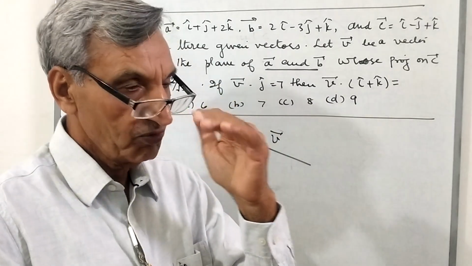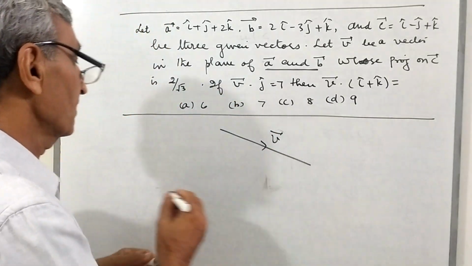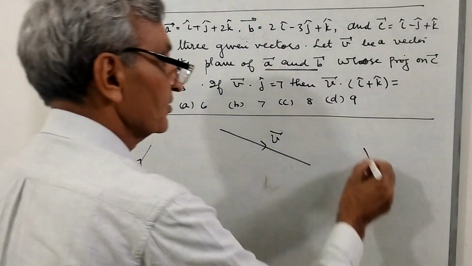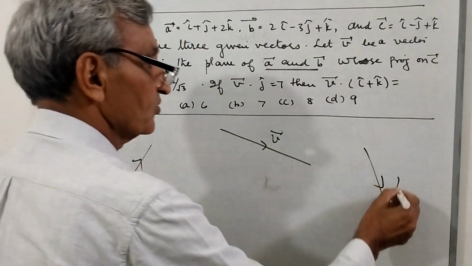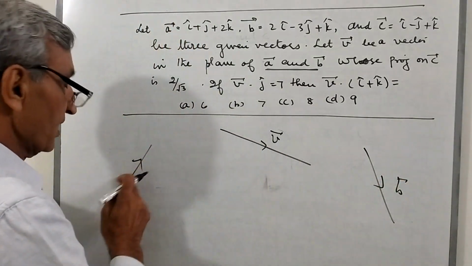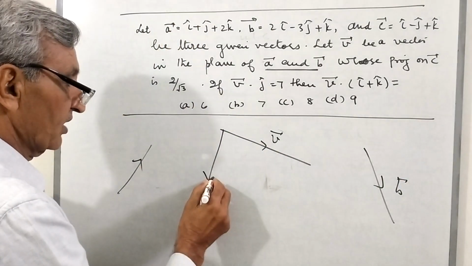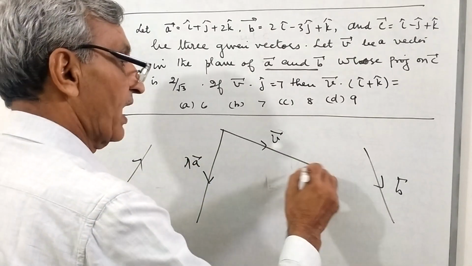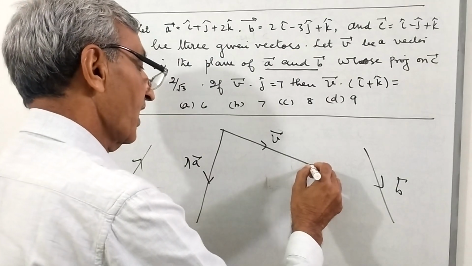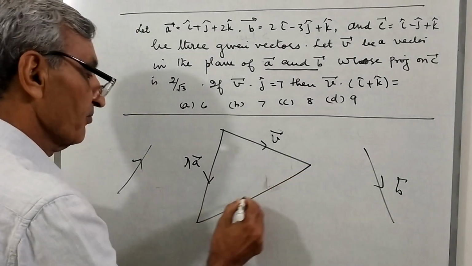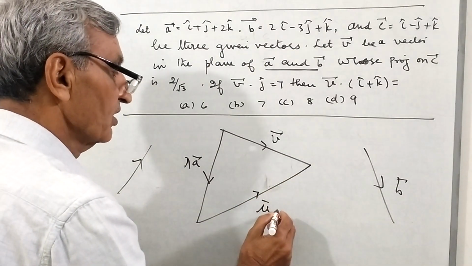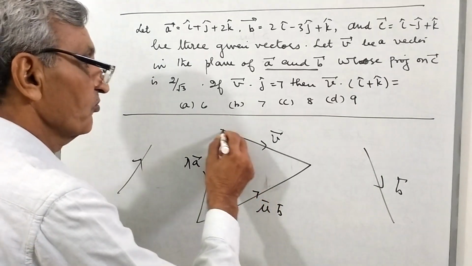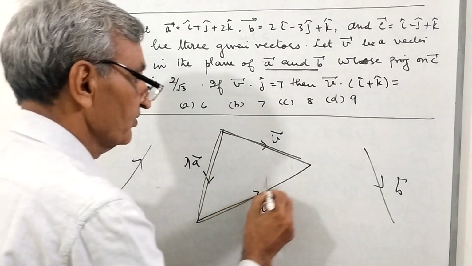So when V is a vector in the plane containing the vectors A and B, what can I do? I can draw a line parallel to A, it may be lambda into A. Then I draw a parallel to the vector B, and make this mu into B. Then V is the linear combination of these two vectors.